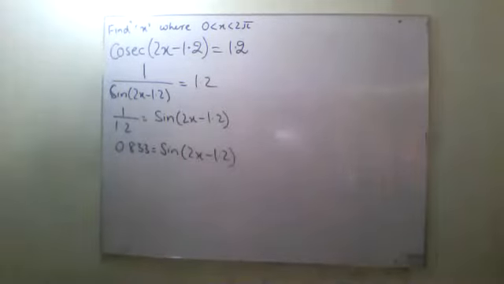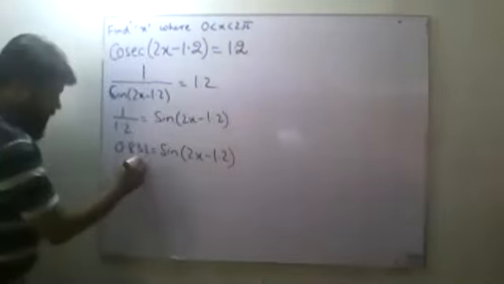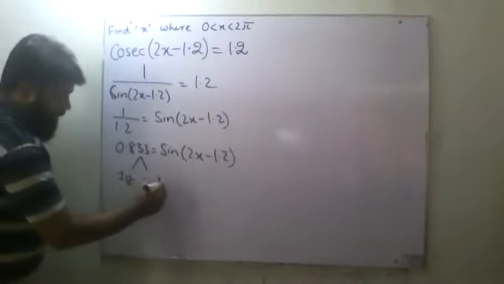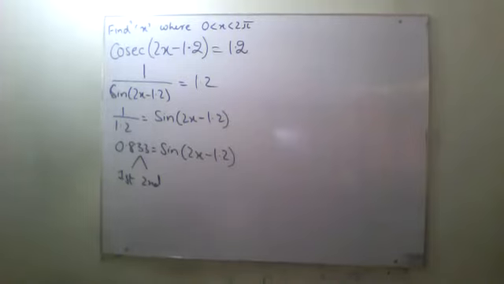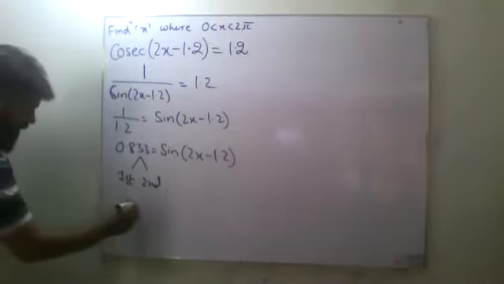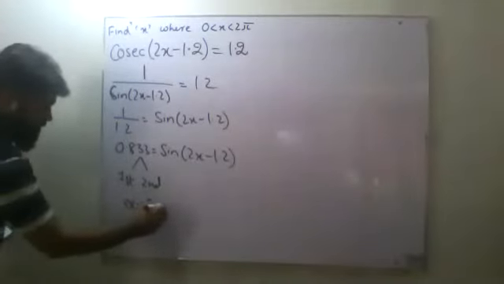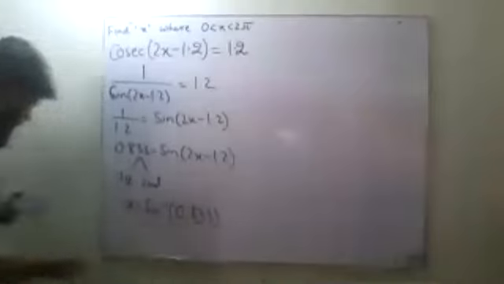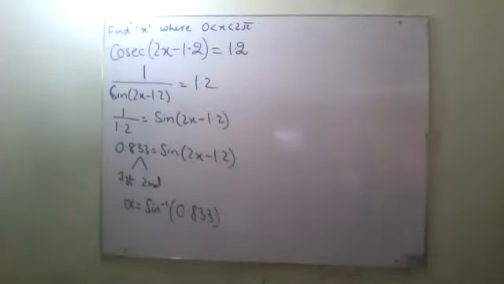So now, first and second quadrant. First of all, I will take alpha equals sine inverse 0.833.